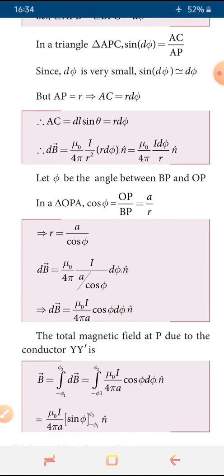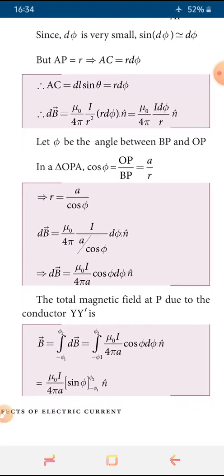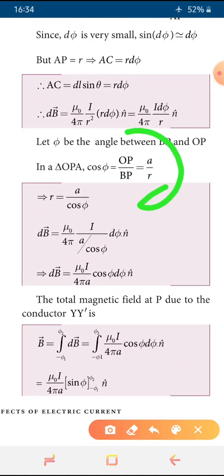OP is given in the figure, it is nothing but a. And BP is written as r. Then after cross multiplication, r will become equal to a divided by cos phi. So from this cross multiplication, we get r is equal to a divided by cos phi.